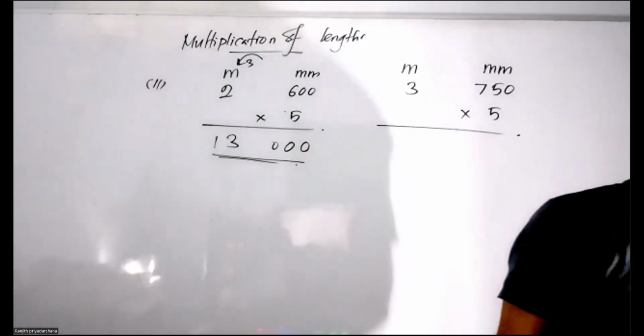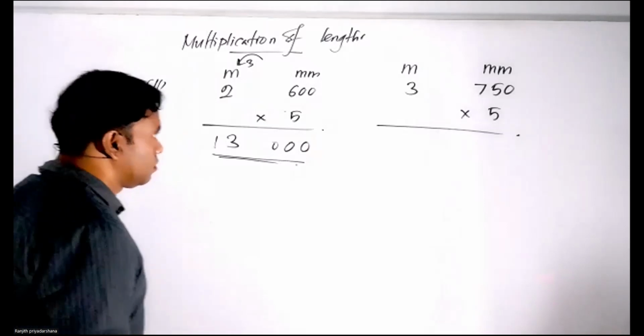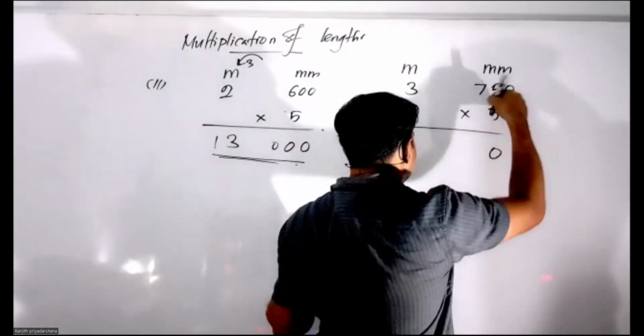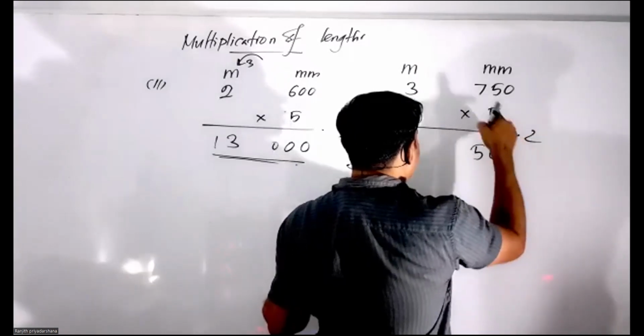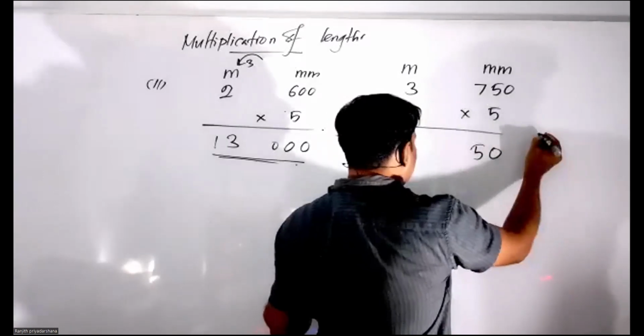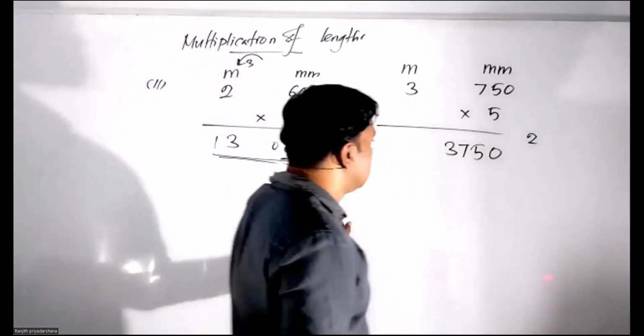Okay, sir. Right. 5 times 0, 0. 5 times 5, 25, 2 remains. 5 times 3 is 35. 35 plus 2, 37.